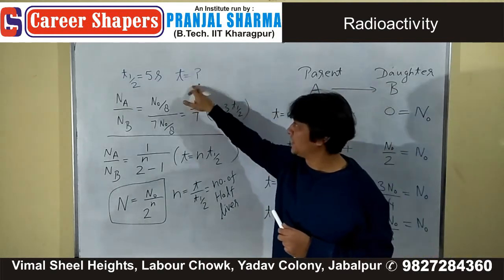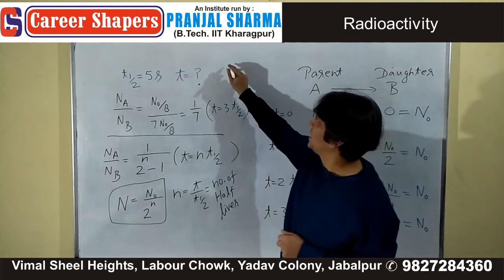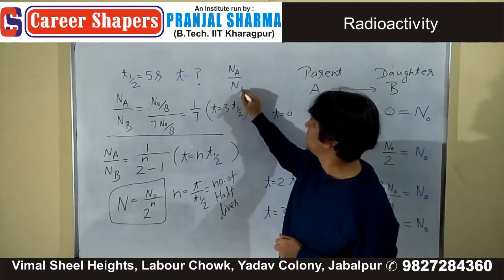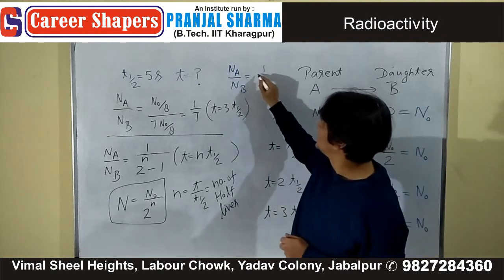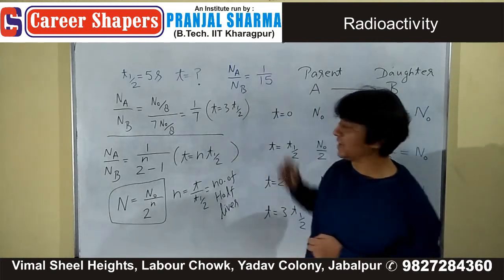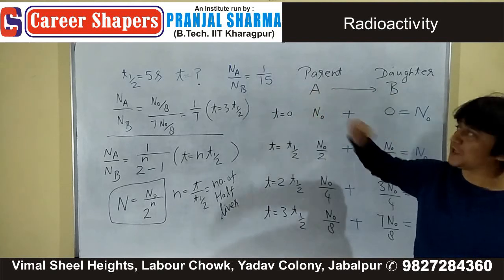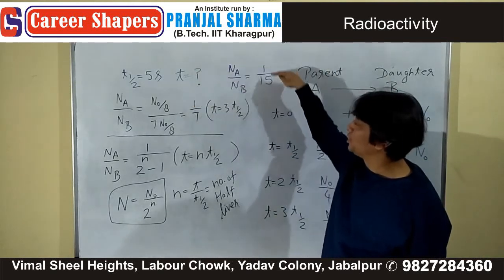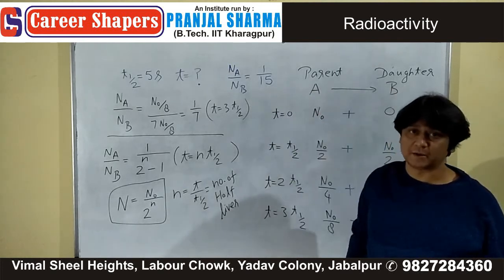We need to find t, and the question says that at time t, the ratio of A to B is 1 by 15. The question is asked in this form: after some time, the ratio of A and B is 1 upon 15. What is that time?